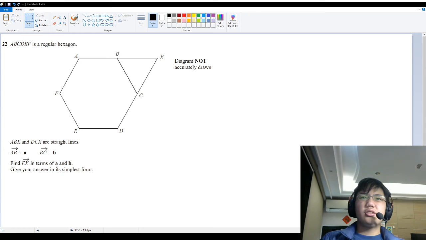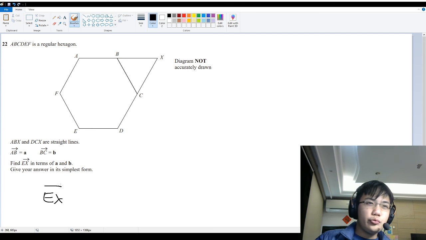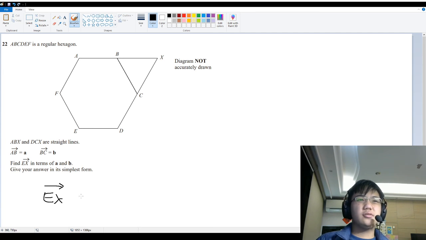So what we can do is chart our journey. Vectors can be written as the sum of each of their parts.